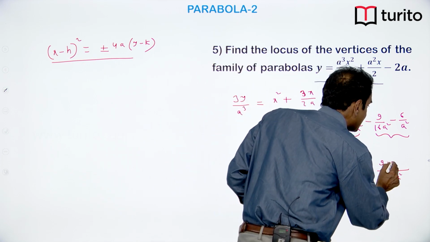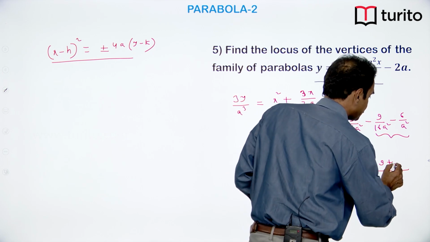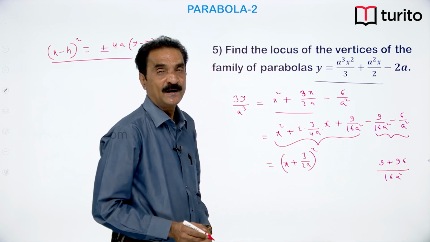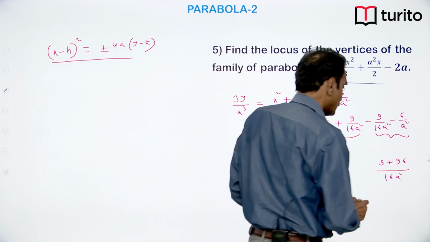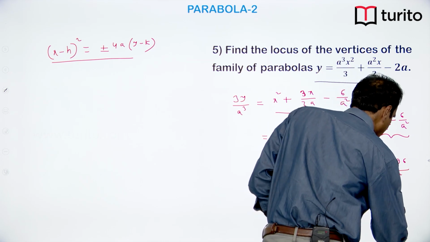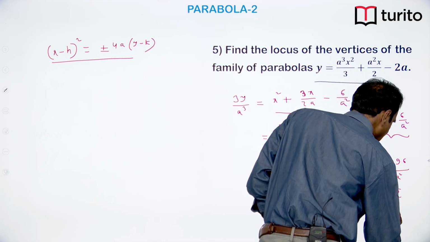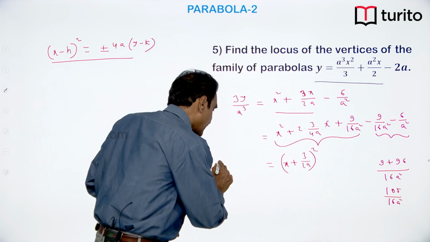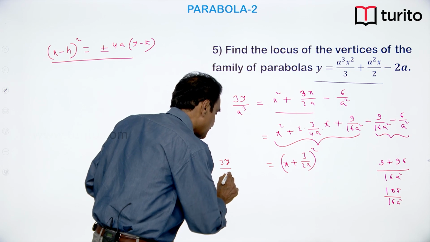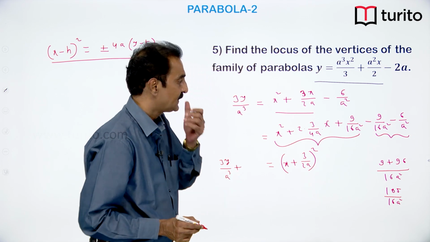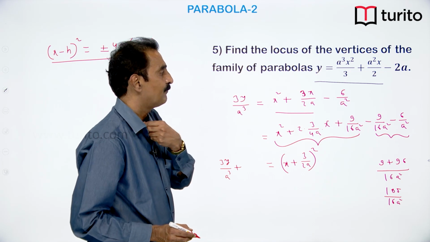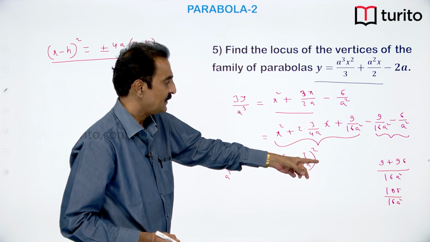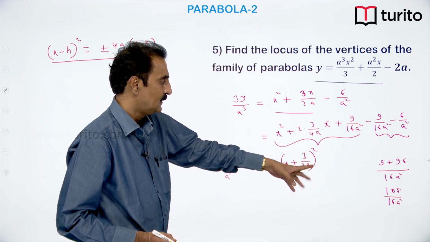Here 9 plus 96, okay, then it is 105 by 16a square. So you will get 3y by a cube plus, it is 105 only, no? 105 by 16 a square.